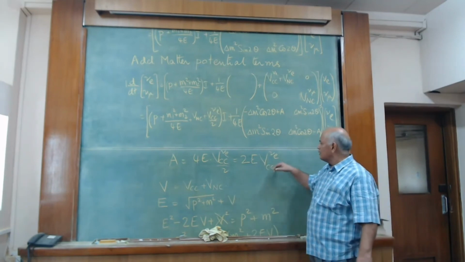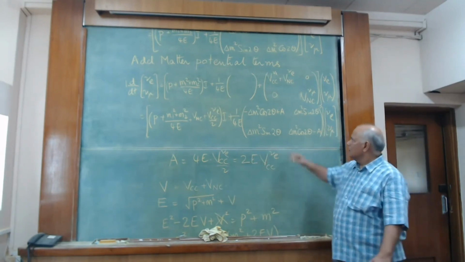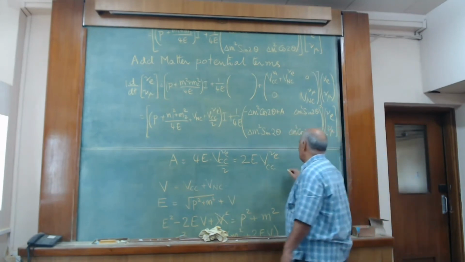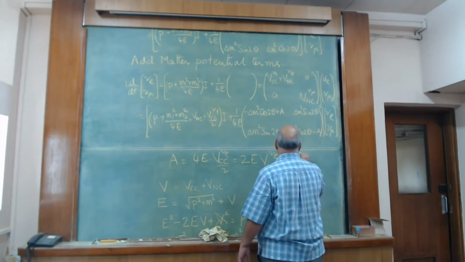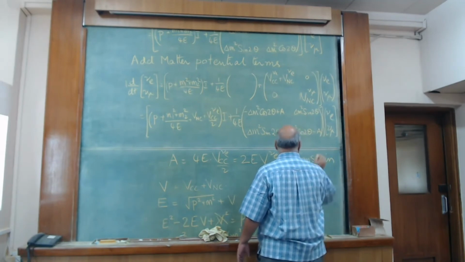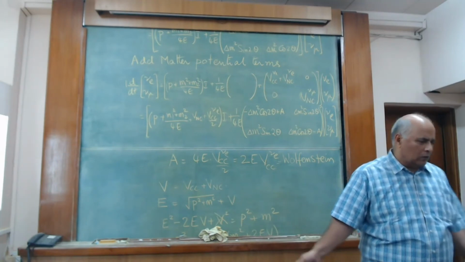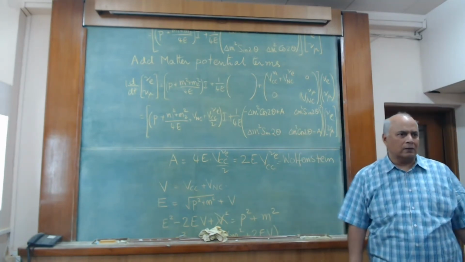So I get this, and this is defined. It is given a formal name A, and this is called the Wolfenstein term, or Wolfenstein matter term, because Wolfenstein is the person who first did this analysis.